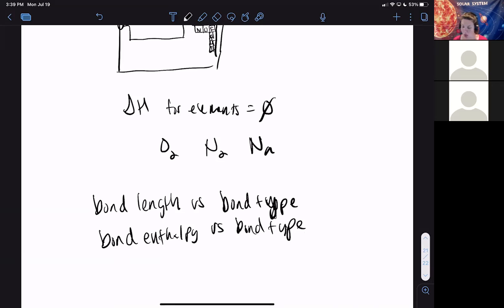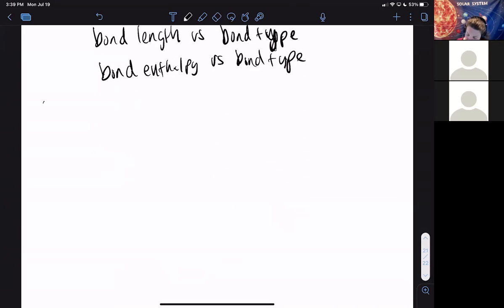Okay. On to chapter number 6, or module 8, 9, I don't know. Any questions about chapter 5? Module, whatever module this is.